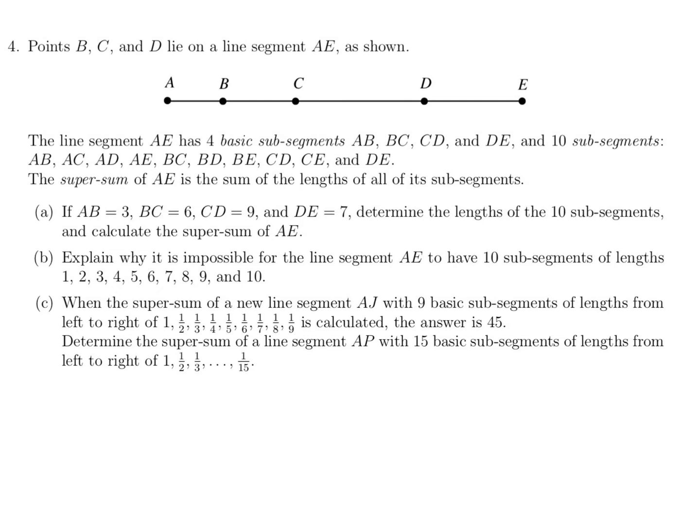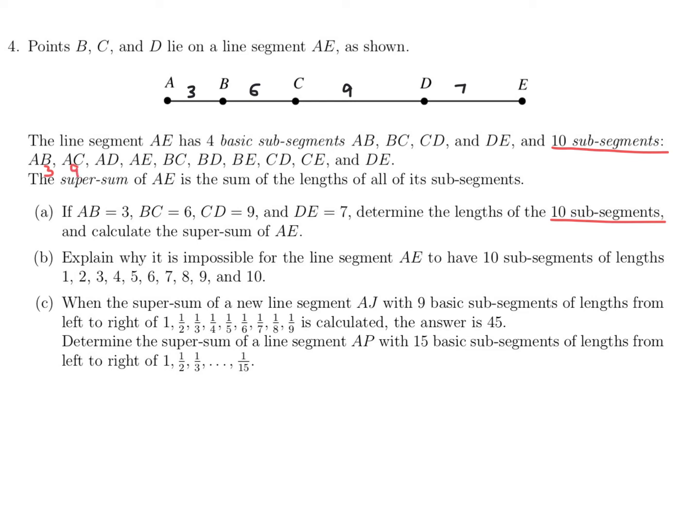All right. So let's see here. AB is 3, BC is 6, CD is 9, and DE is 7. So these are all the 10 subsegments, right? So they want you to figure out, okay, so AB would be 3, AC would be 9, right?